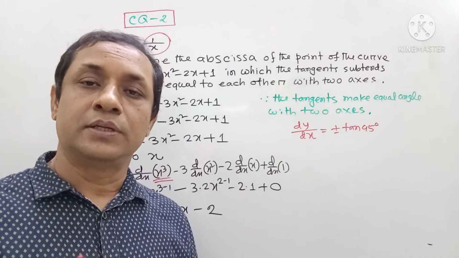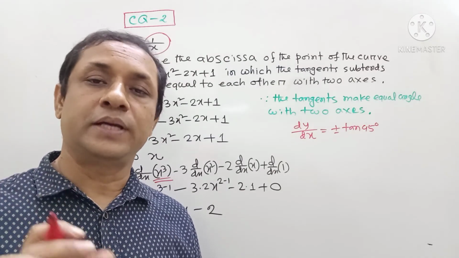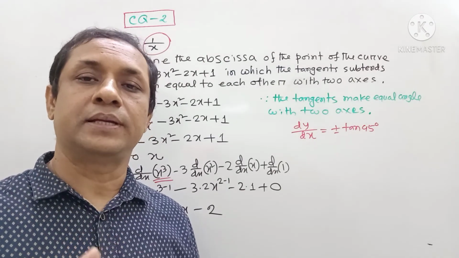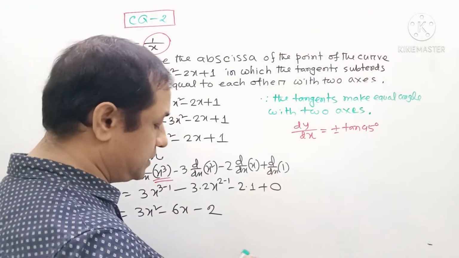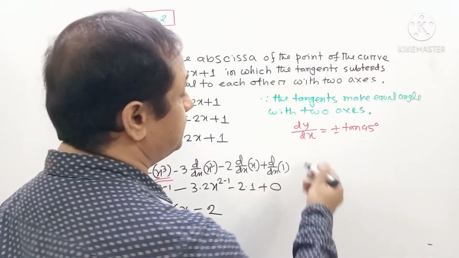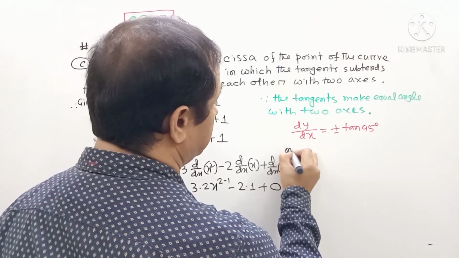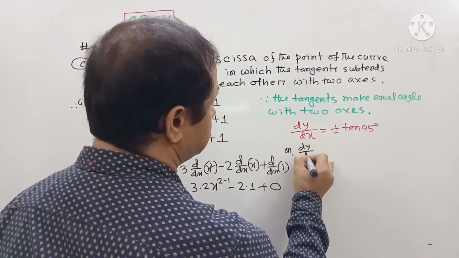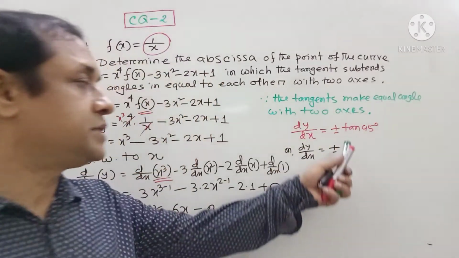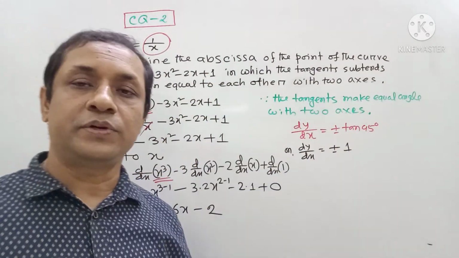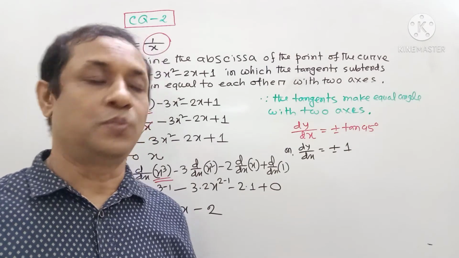So their slope will be dy/dx equals plus minus tan 45 degrees. Now student, using a calculator, tan 45 degrees equals 1, so dy/dx equals plus minus 1.